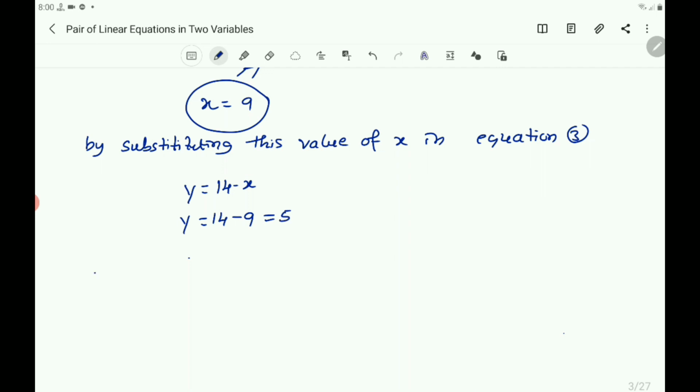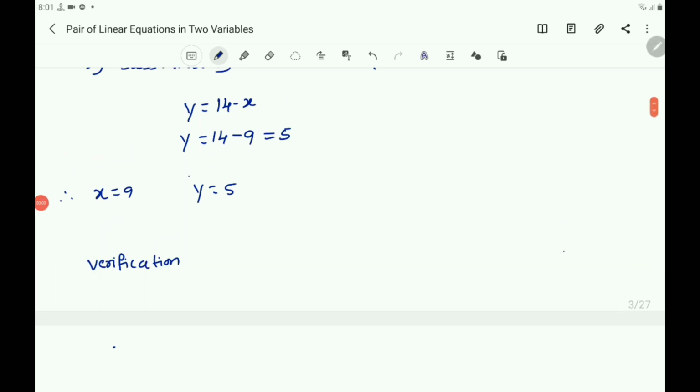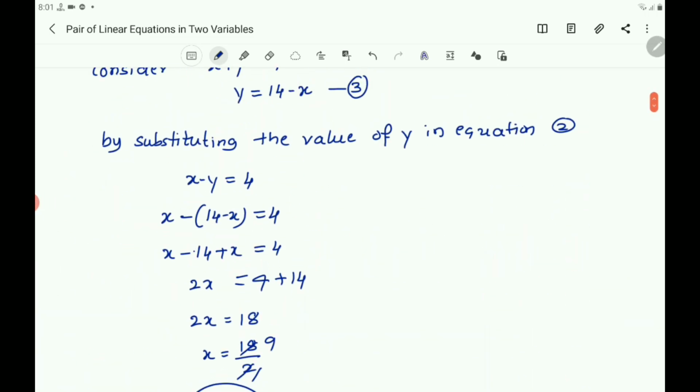Then you got x equals 9. Therefore, you write x equals 9, y equals 5. What is the solution of the equations? The solution is x equals 9 and y equals 5. You can do the verification. Put x equals 9 and y equals 5.